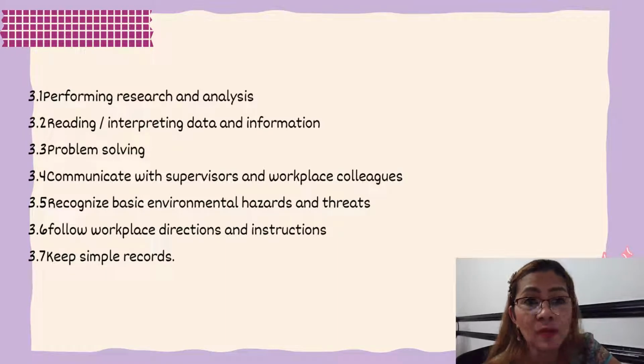First is performing research and analysis, reading and interpreting data and information, problem solving, communicate with supervisors and workplace colleagues, recognize basic environmental hazards and threats, follow the workplace direction and instructions, and keep simple records. So these are the following underpinning skills that our students should possess as their evidence guide.